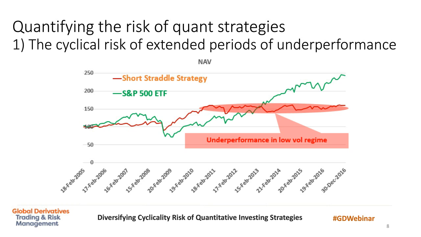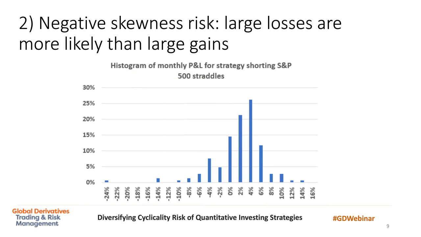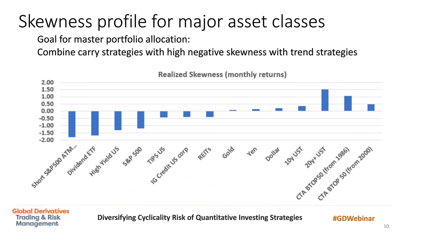The second is skewness. As I mentioned, carry strategies tend to have negative skewness. And the way we see it, negative returns are more likely than positive returns. And the final one, so here it's good to see the long-term perspective.